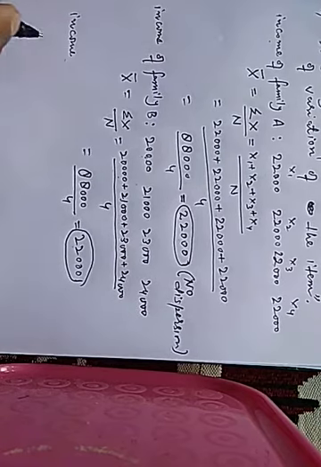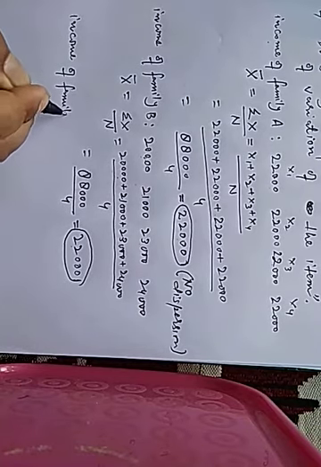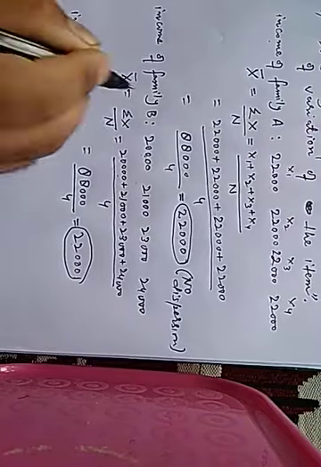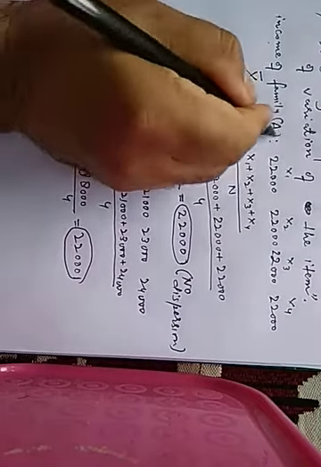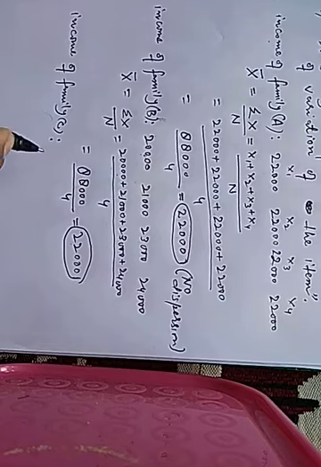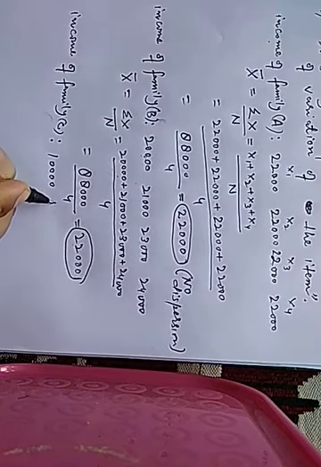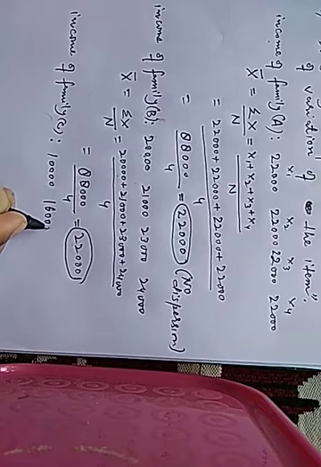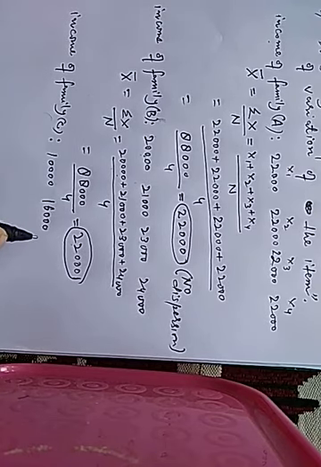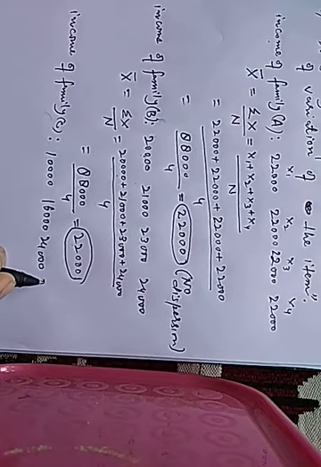If we have income of family C equal to 10,000, 16,000, 24,000 and 38,000.